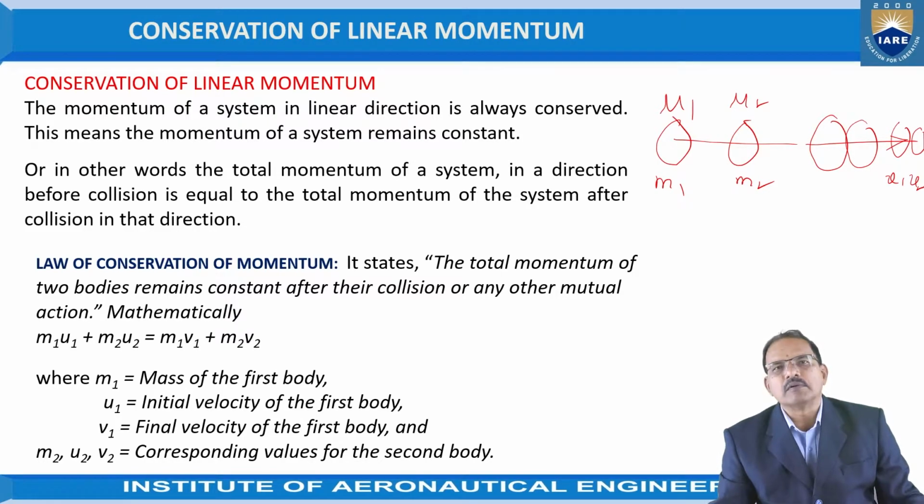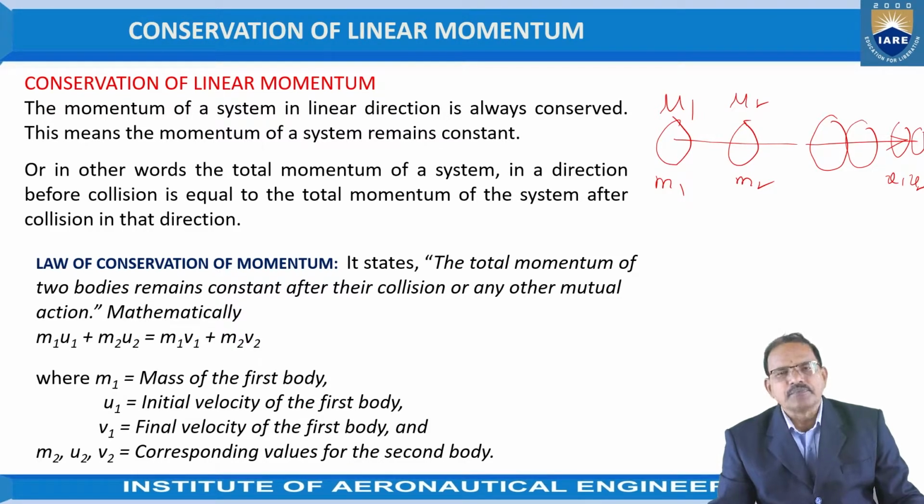According to the law of conservation of momentum, the impulse is equal to the change in momentum. That means R t is equal to the difference of final momentum minus initial momentum, that is, m1 v1 plus m2 v2 minus m1 u1 plus m2 u2. But if the momentum is conserved, that is, the total momentum possessed by the bodies before the collision is equal to the momentum after the collision, the resultant force acting on the body should be equal to 0.